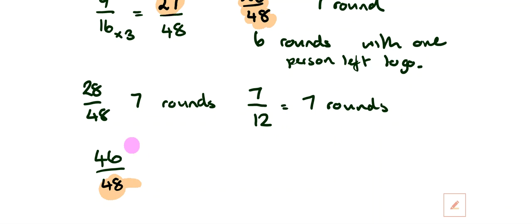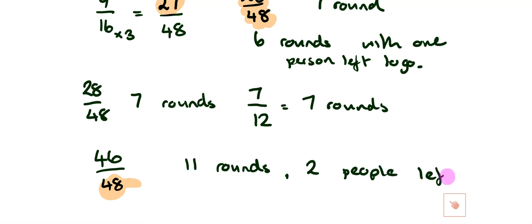That means 46 have been eaten. So it's basing it all around this number and then simplifying it afterwards if we want to or need to. Exactly. If there are only 2 left, we know that's 11 rounds, and there's 2 people left. How do we know? Because we knew there was 12 rounds in total.